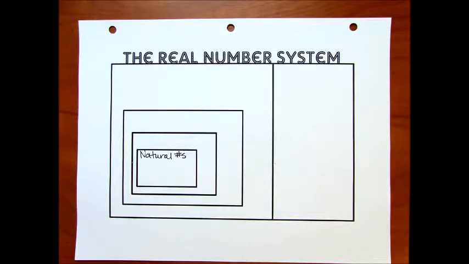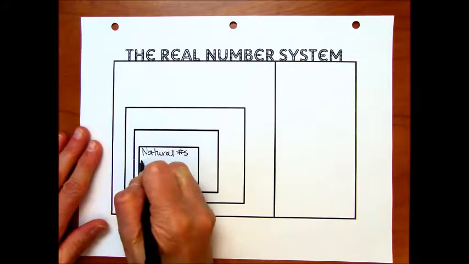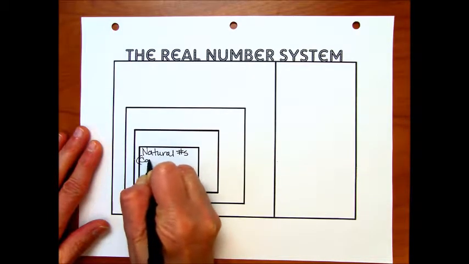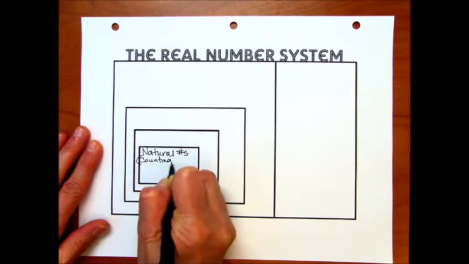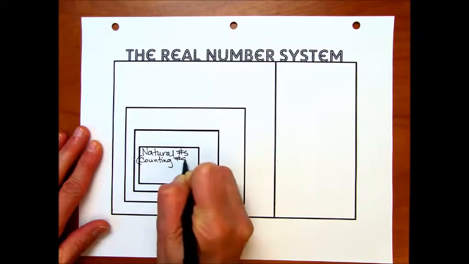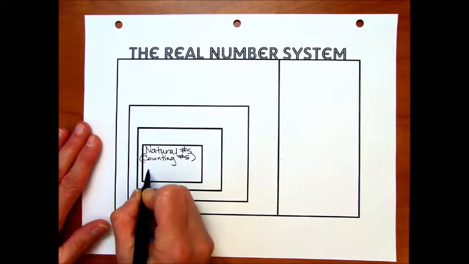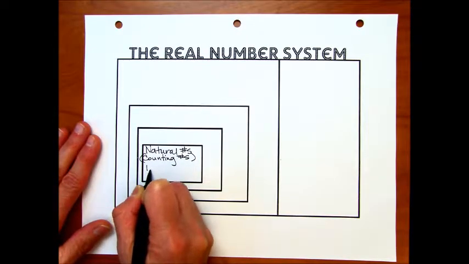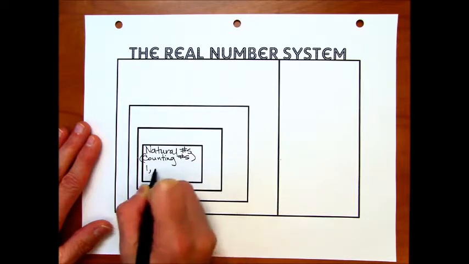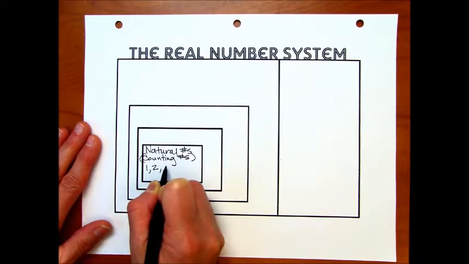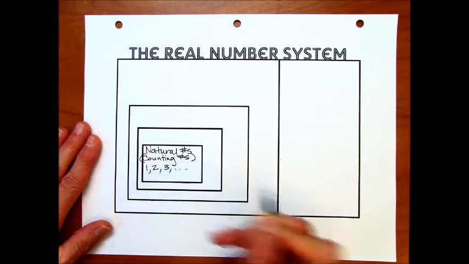The first innermost group is called the natural numbers group, also referred to as counting numbers. I'll write that in here, counting numbers. They include numbers that start with 1 and move up: 1, 2, 3, and so on.